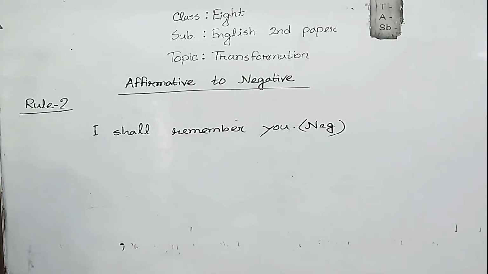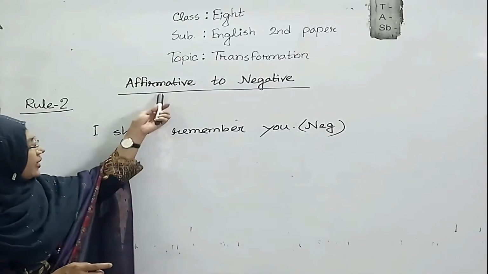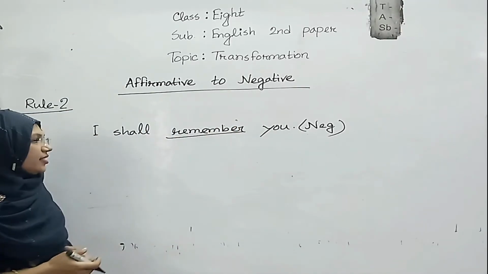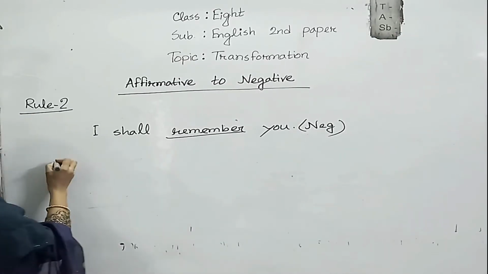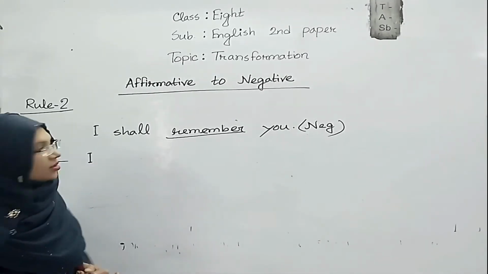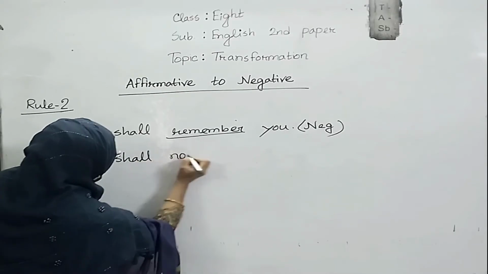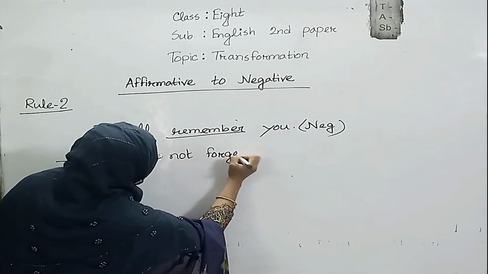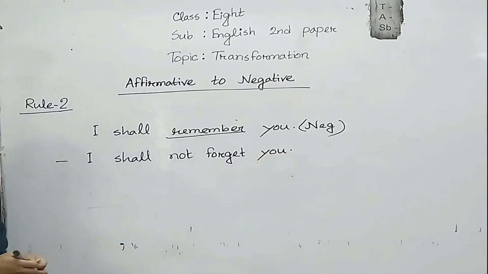Dear students, in this affirmative sentence there is an affirmative word, and that is "remember". So we have to make the negative form of remember, and that is "forget". And before "forget", we have to write down "not". I shall not forget you. That's the answer.